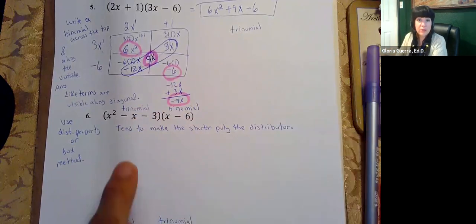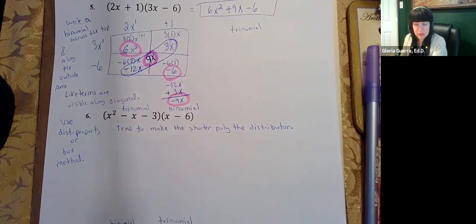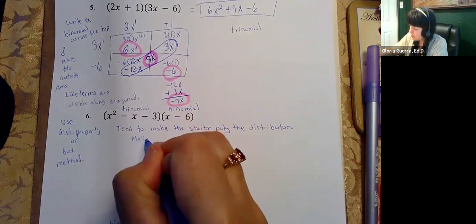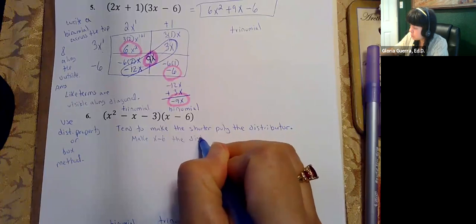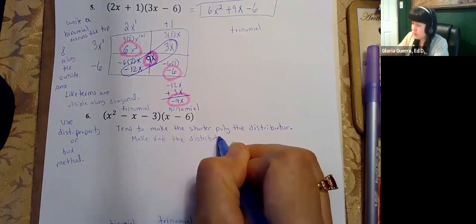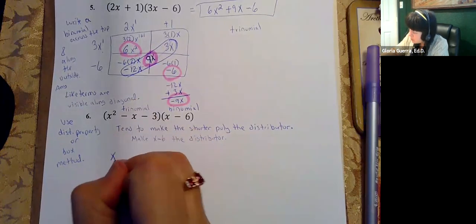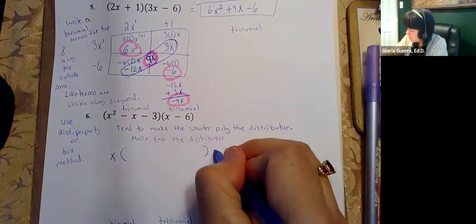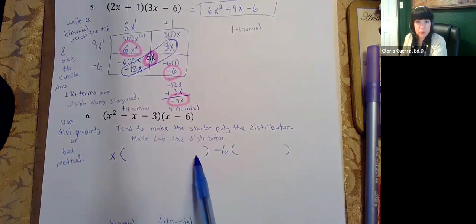So the trinomial has 3 terms and the binomial has 2. So I'm going to make this x minus 6 the distributor. So when I set that up, the x, I'm going to put it right here, for example. And then the minus 6, put that right here. See that? And I make that the distributor.